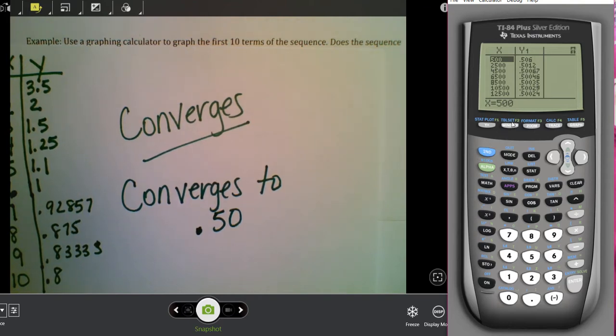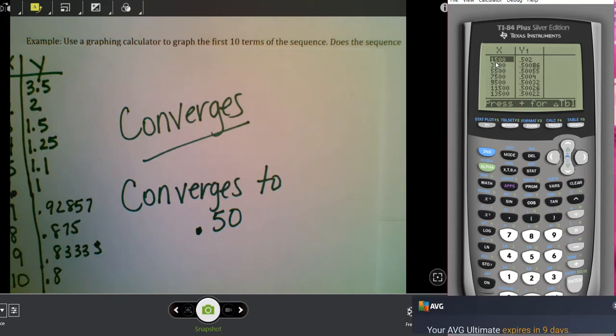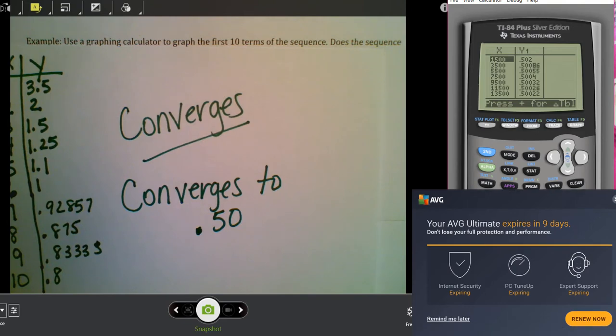In your graphing calculator, you can go to second window, and above window is table set, and you can start at a higher number. Let's say I enter 1500, and then go to second table, and it says press plus sign for more values of that table.